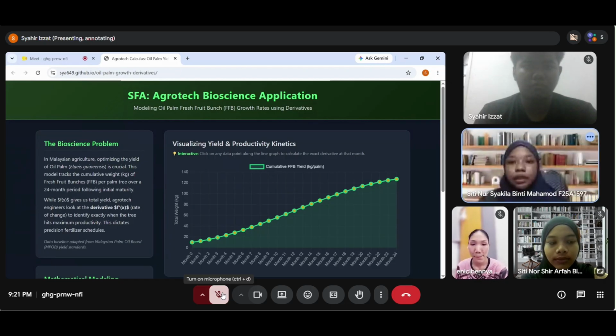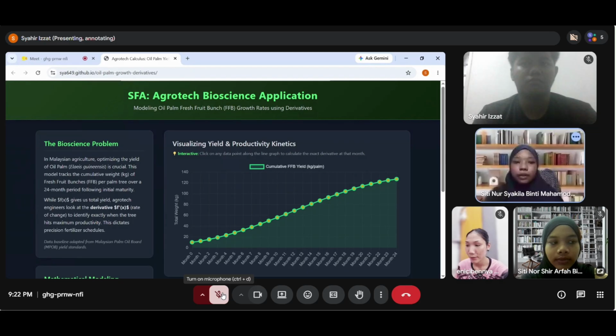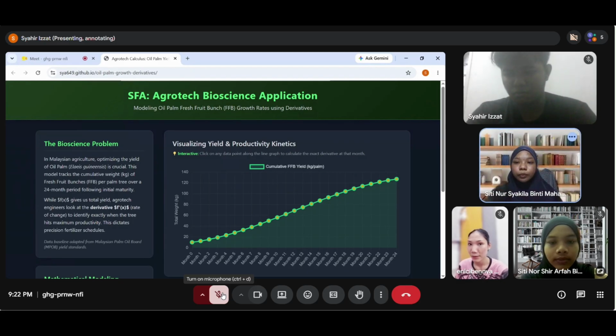This makes it hard for plantation managers to detect issues like disease or nutrient deficiency early. Our web tool solves this by using mathematical derivatives to track crop growth rate digitally.